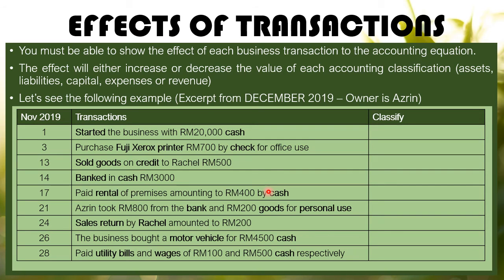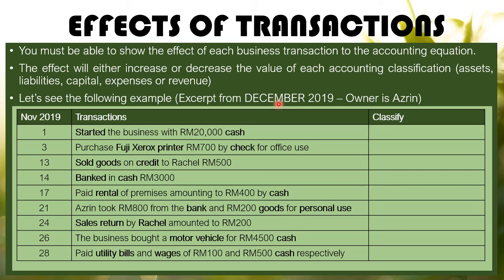Okay, asset bertambah ke, expense bertambah ke, capital bertambah ke, liability bertambah ke, berkurang ke, itu maksud the effect ya. So the effect will either be increase or decrease of the value of each accounting classification. Asset bertambah ke, asset berkurang ke, liability bertambah ke, liability berkurang ke, capital bertambah ke, capital berkurang ke, expense and revenue. So let's see the following example.